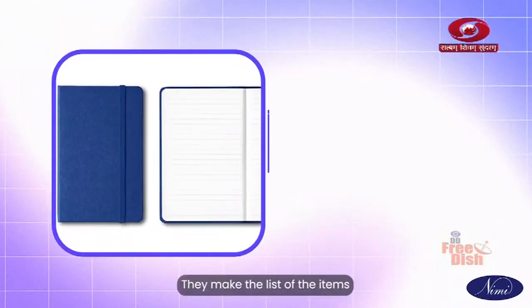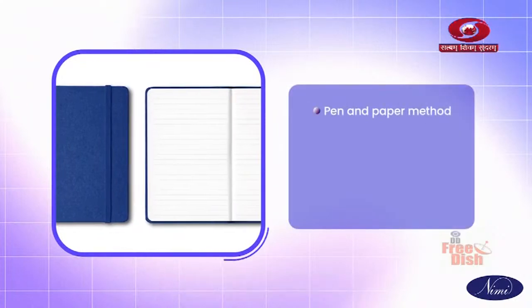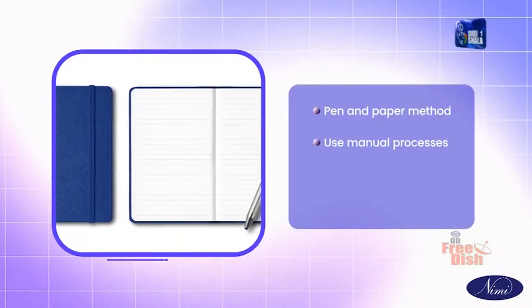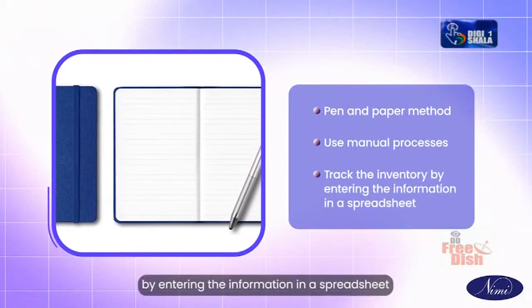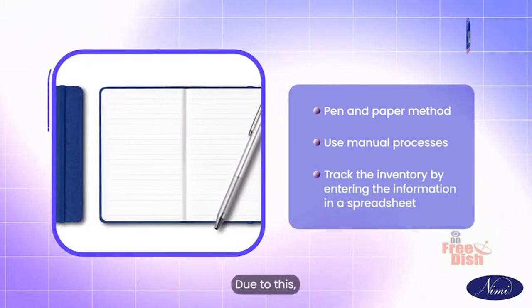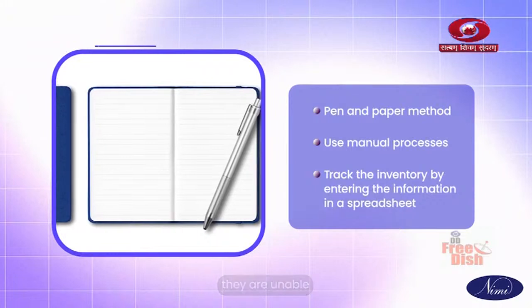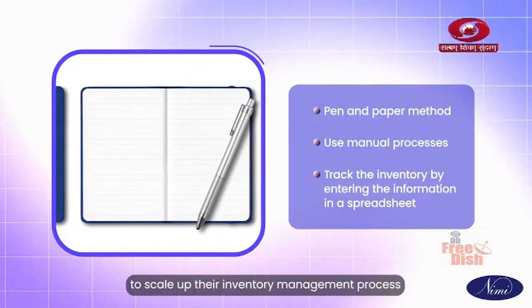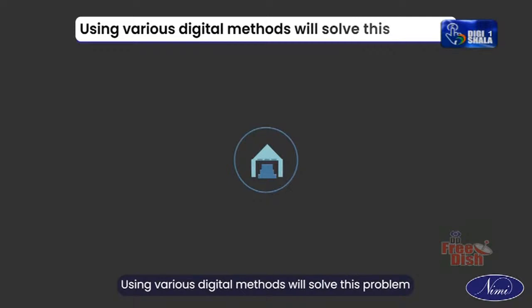They make the list of the items with a pen and paper method, use manual processes, and track the inventory by entering the information in a spreadsheet. Due to this, they are unable to scale up their inventory management process. Using various digital methods will solve this problem.